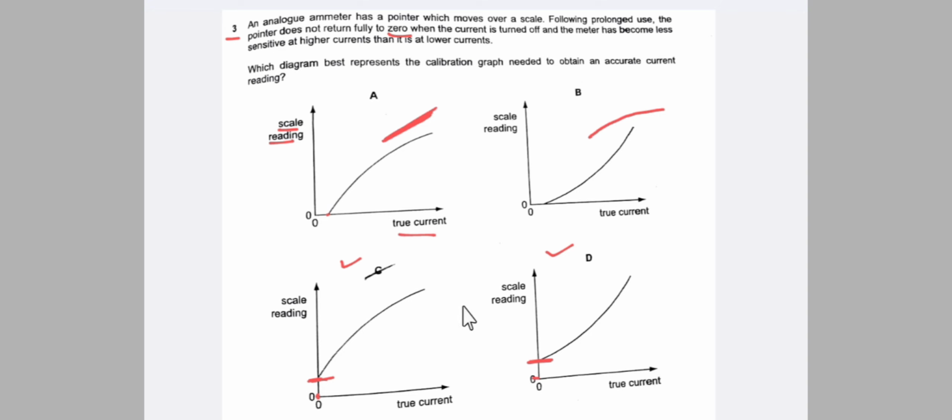That means at higher current, the scale reading is not increasing in a proportional or straight way, but the scale reading is less. Here we can see that as the current increases, the scale reading increases, so this statement is wrong and the correct answer is C.